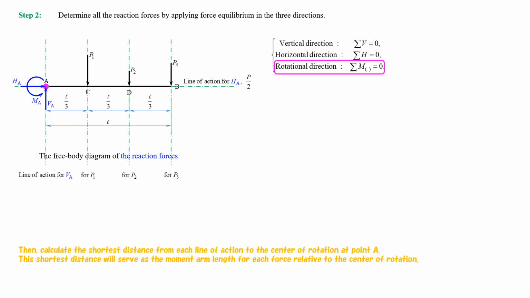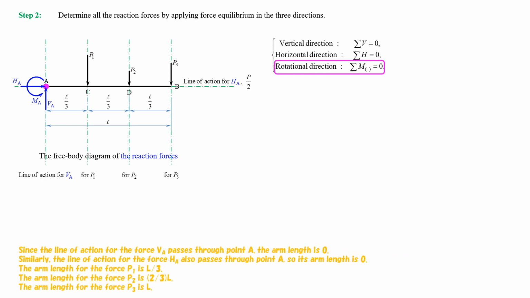Then, calculate the shortest distance from each line of action to the center of rotation at point A. This shortest distance will serve as the moment arm length for each force, relative to the center of rotation. Since the line of action for the force VA passes through point A, the arm length is 0.